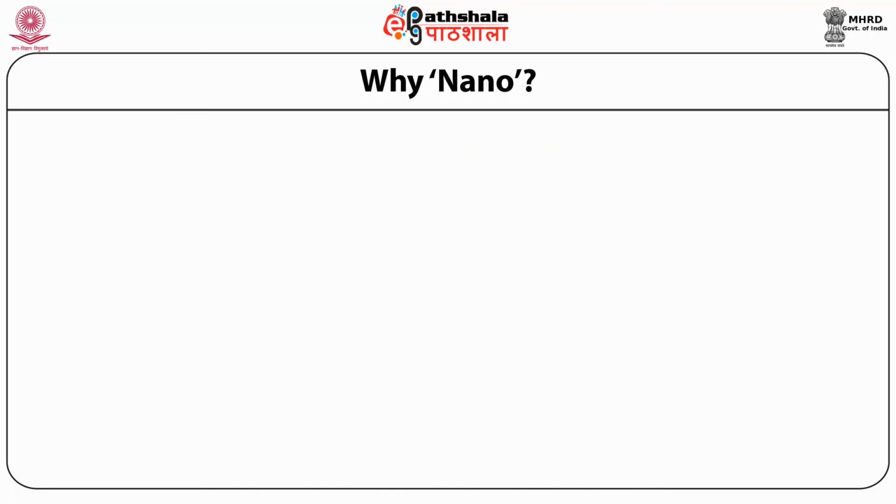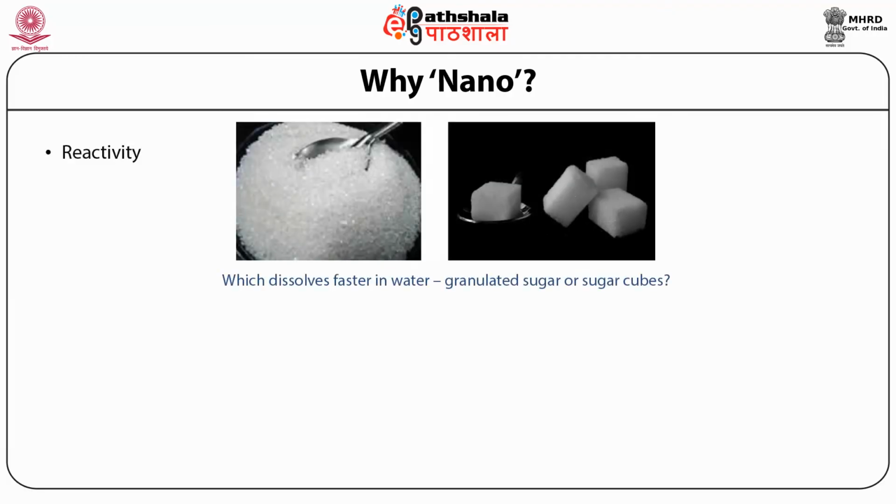Now, these are some of the examples which have been shown here. First is the reactivity. As you can see, there are two forms of sugar. First is the granulated sugar and the second one is the sugar cubes. Which one dissolves faster in water? Obviously, the answer is the granulated sugar.